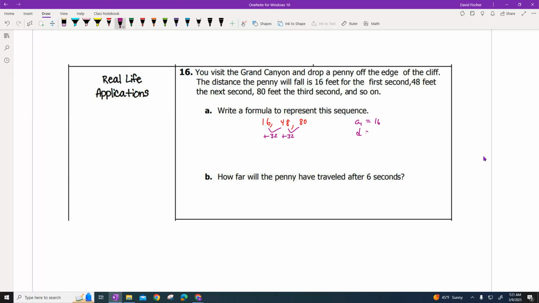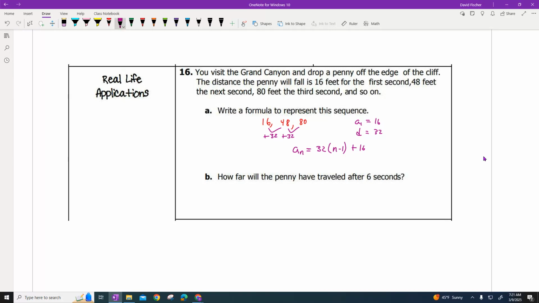My d is 32. And they said write the formula. Well, they didn't tell us what number to find, so we're just going to write a sub n equals my d, which is 32, times the number I want minus 1, plus, in this case, 16, because that was the first number.